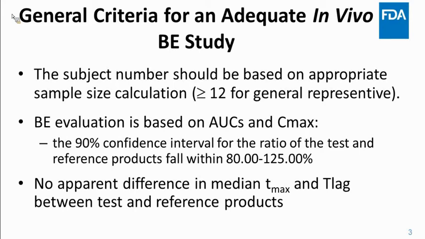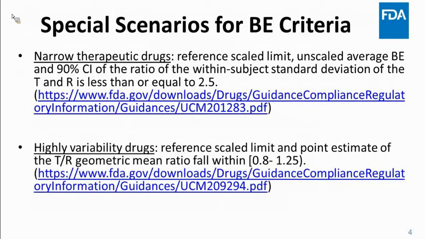Although no formal statistical test for T maxima is required, the median T maxima and the T lag between the test and the reference products should be comparable. In addition to the general BE criteria, there are specific criteria for narrow therapeutic index drugs and highly variable drugs.